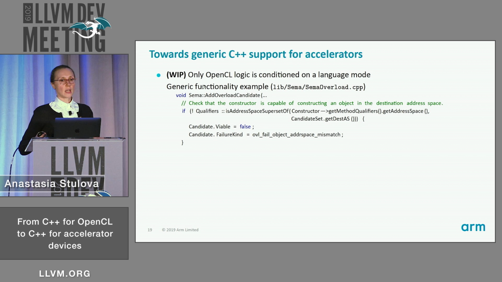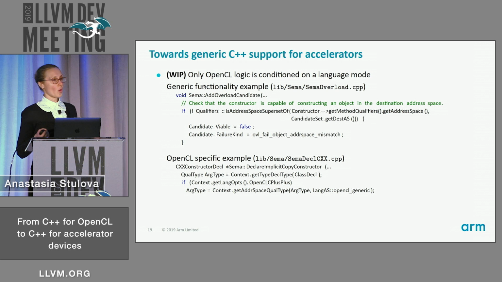And that is actually taken from where the object is constructed. If the address space of the constructor isn't compatible, we will mark the candidate as not viable and also record why it happened. So we will specify that the address space is not matching.